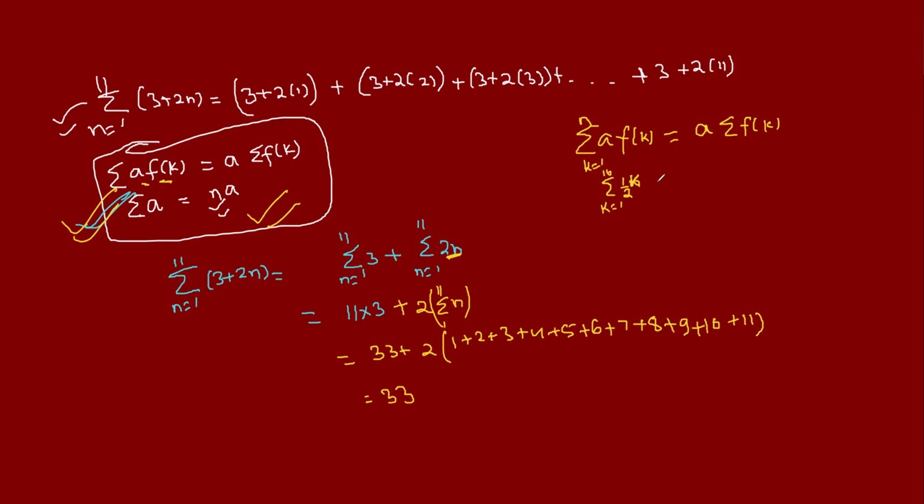So a is a number, a constant. The constant is outside and only f(k) is inside, because only k is changing. k is a variable, right? Like this. Understood? So in this case, what is a? a is 2. And after this, expand the series.